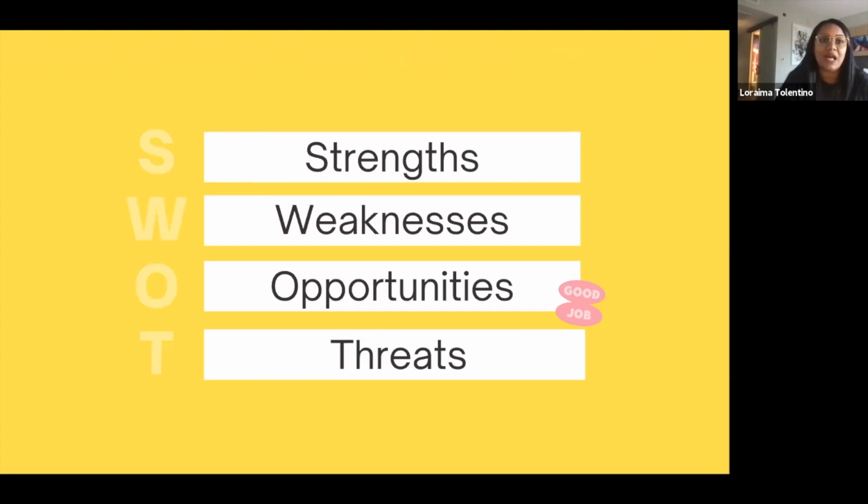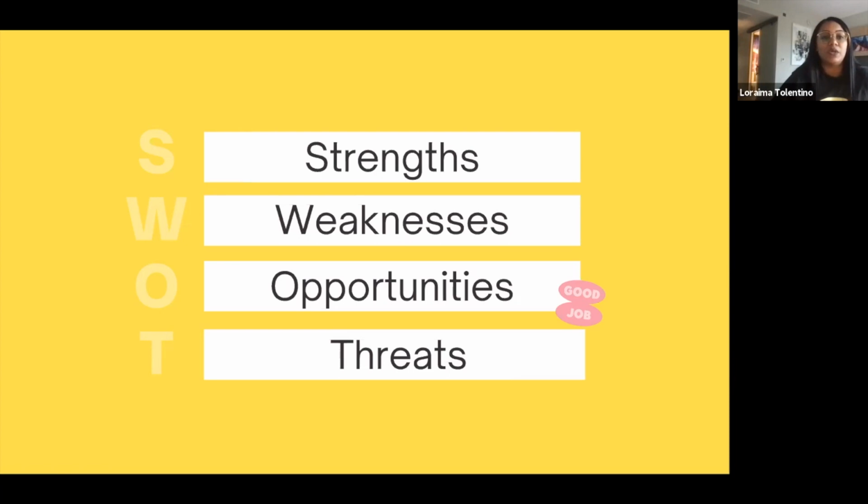Maybe you only sell cherry tomatoes, so an opportunity is to have a bigger variety. And then we think about threats, and maybe if you live in the Caribbean, a threat could be hurricane season. All of this has to be understood for our marketing plan to work.